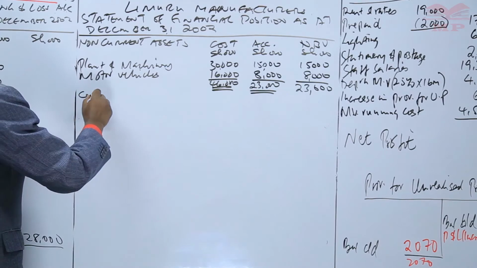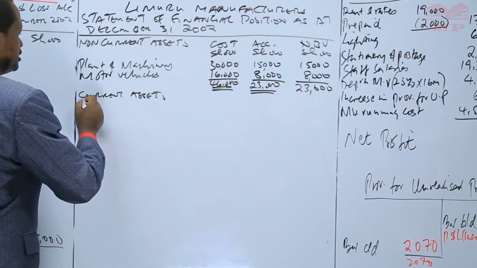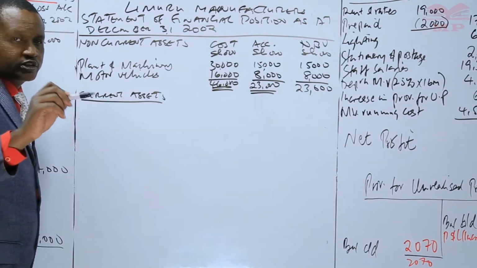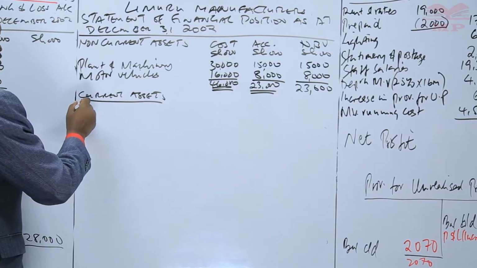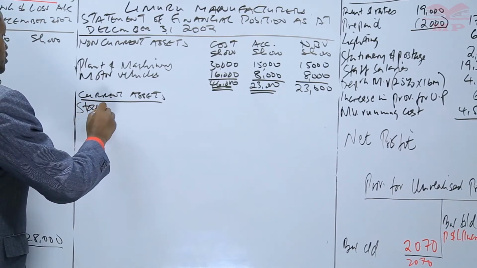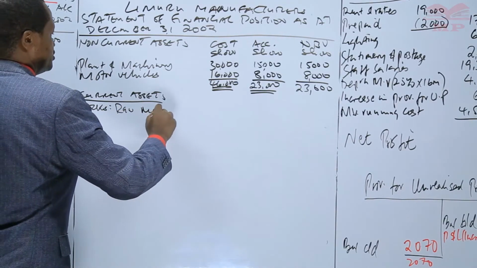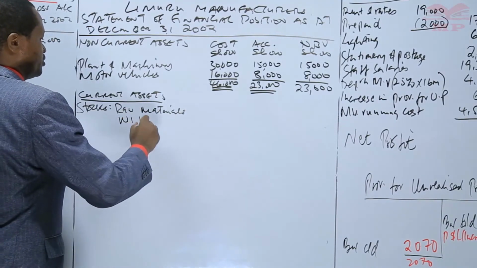Then we add current assets. Current assets will constitute the cost of the stocks. These are stocks. In this question, you have stocks of raw materials. We have stocks of work in progress.